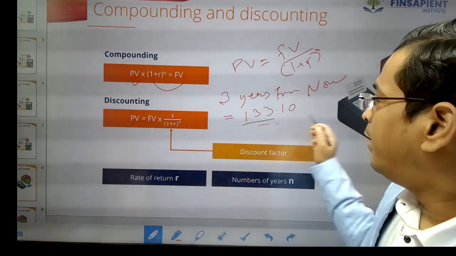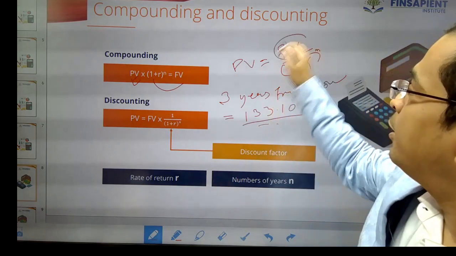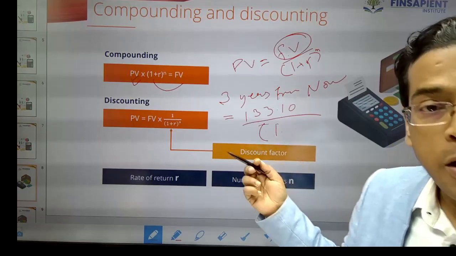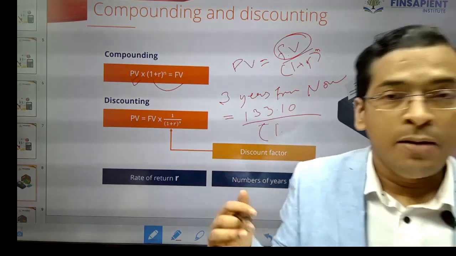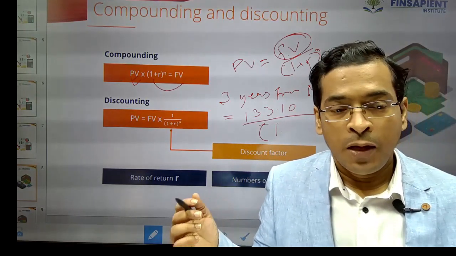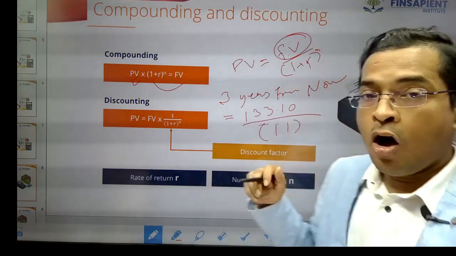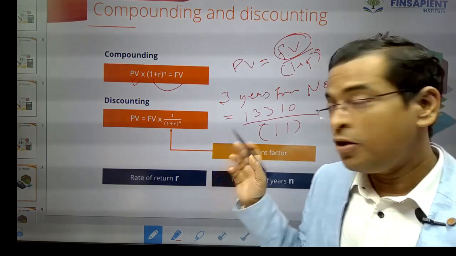So I will divide the future value by 1 plus the interest rate, the discount factor, which is 10% in this case. Dividing by 10% for how many years? That is 3.